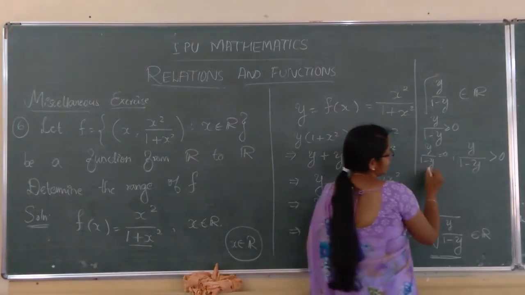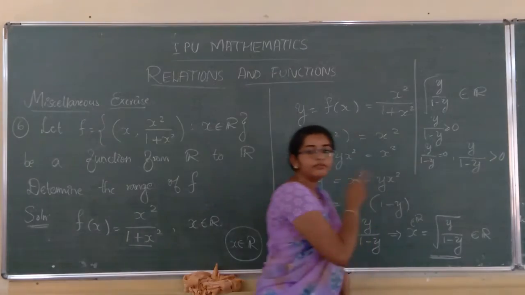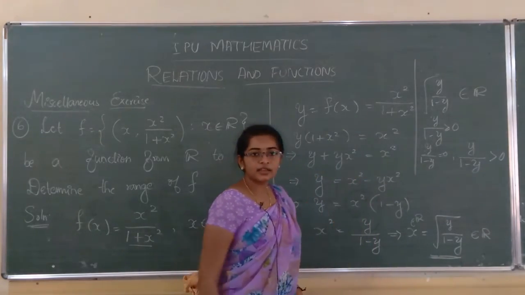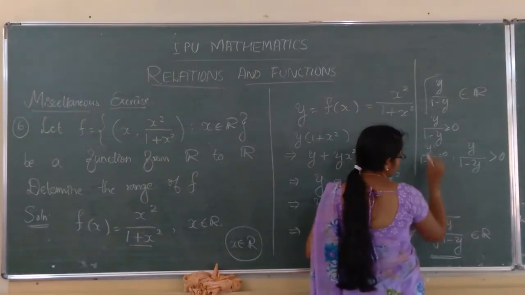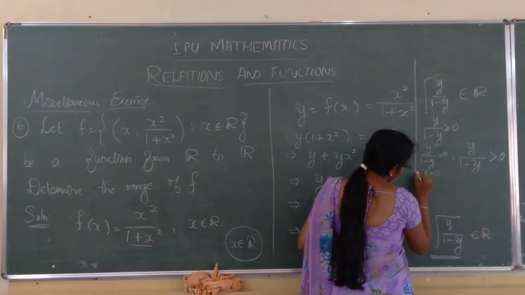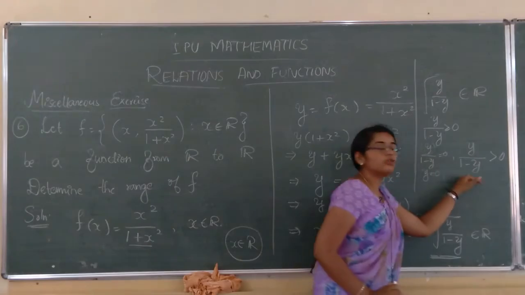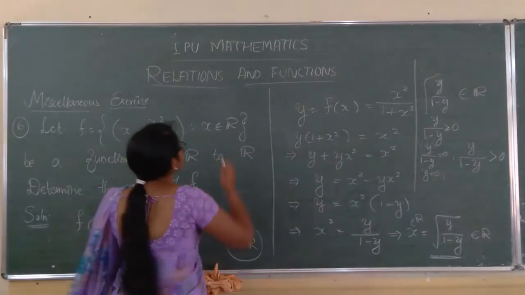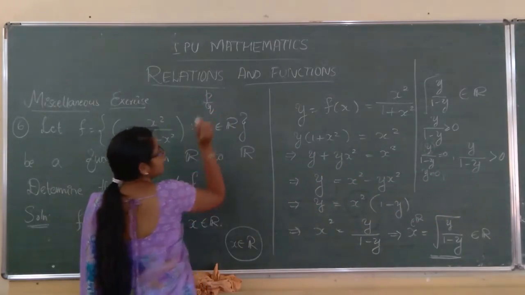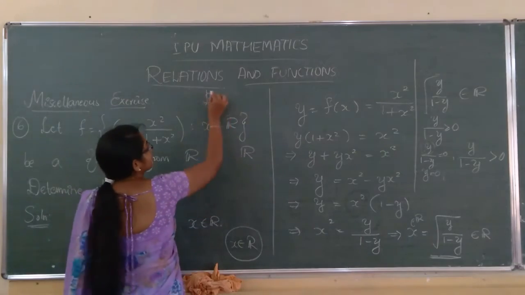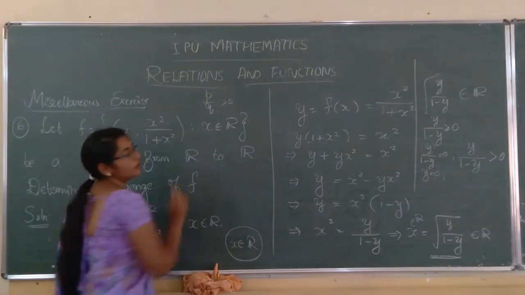First case, y divided by 1 minus y equal to 0. When will we get such a case? When the numerator is 0. So, y should be equal to 0 in this case. Now, look at a number of the form p by q. When can we say that this number is greater than 0?